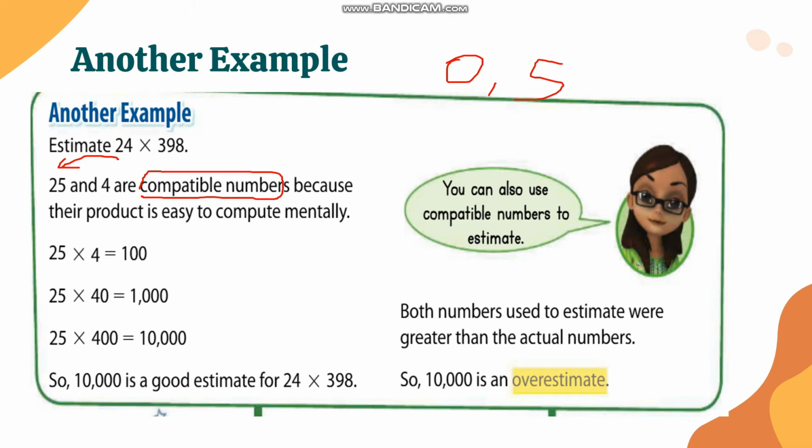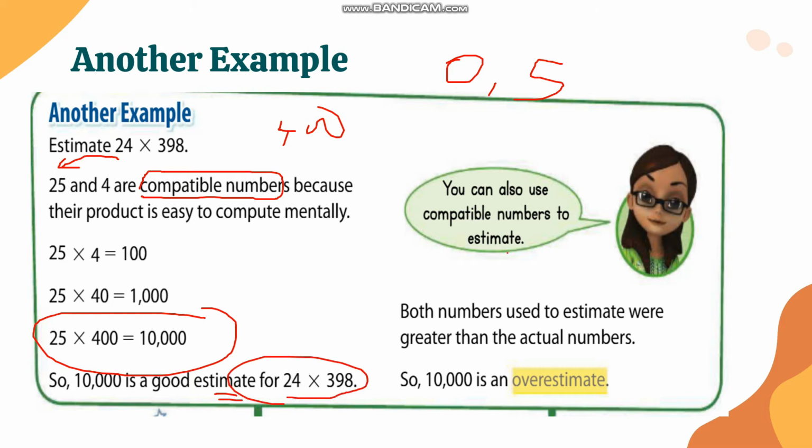So 25 and 4 are compatible numbers because their product is easy to compute mentally. Then 398, I will change into 400. So 25 multiplied by 400, the answer is 10,000. So 10,000 is a good estimate for 24 multiplied by 398.